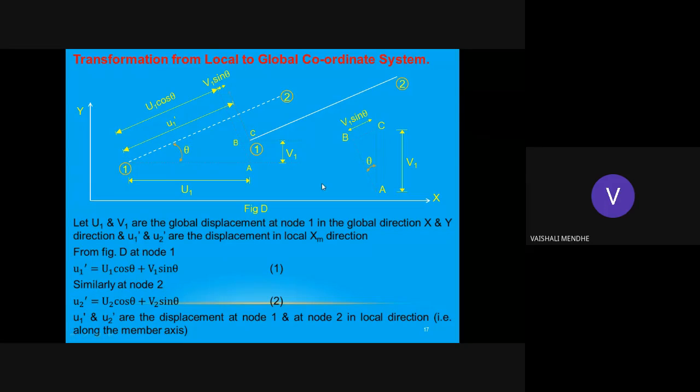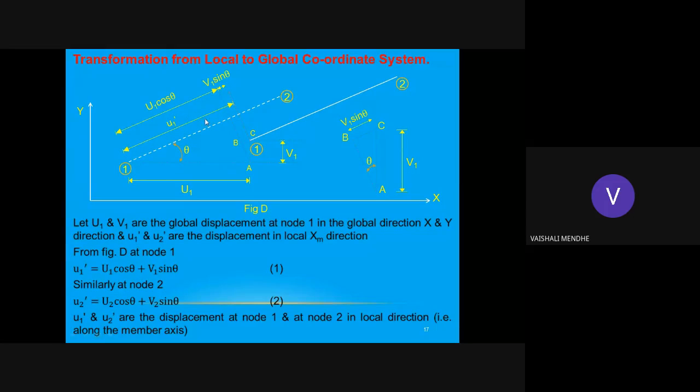And this u1 dash is from node 1 to node 2. So from this it will be clear to you. Total u1 dash will be equal to u1 cos theta plus v1 sine theta.